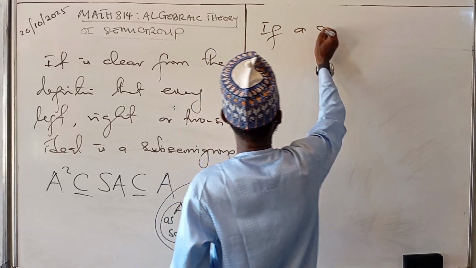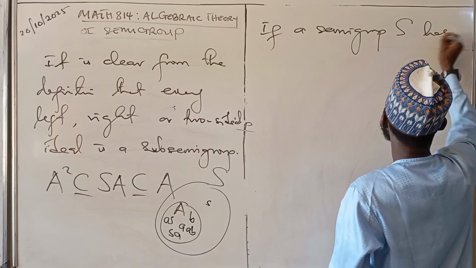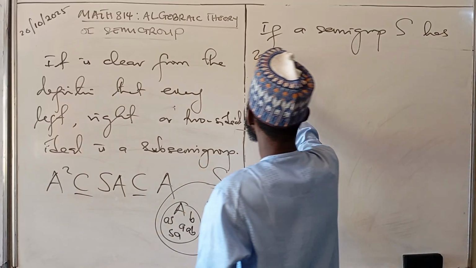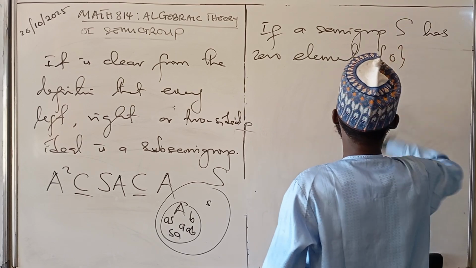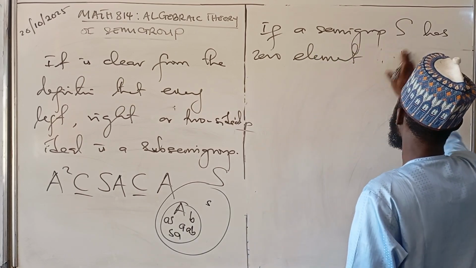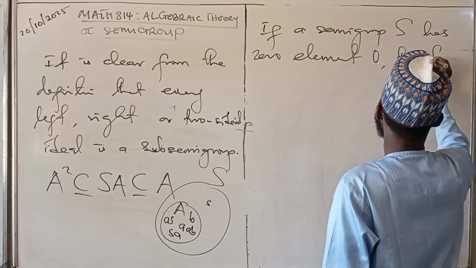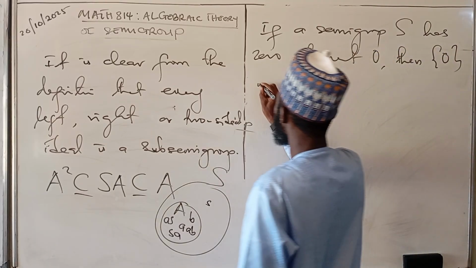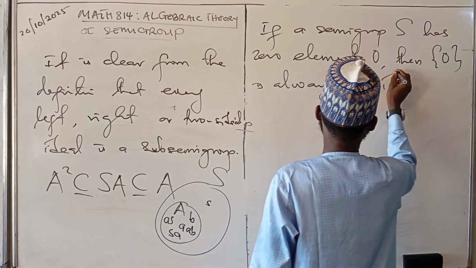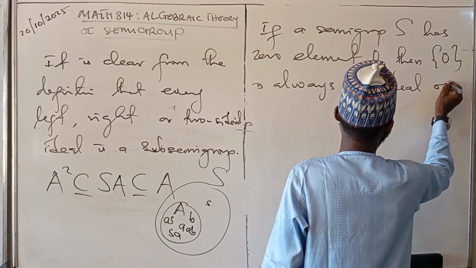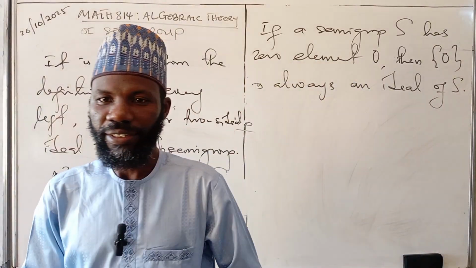So if a semigroup S has a zero element, 0, then the singleton {0} is always an ideal of S, meaning it is both a left and a right ideal.